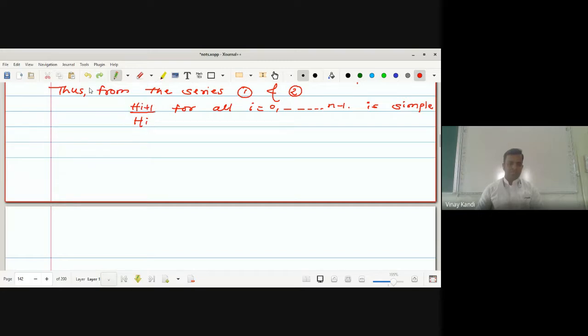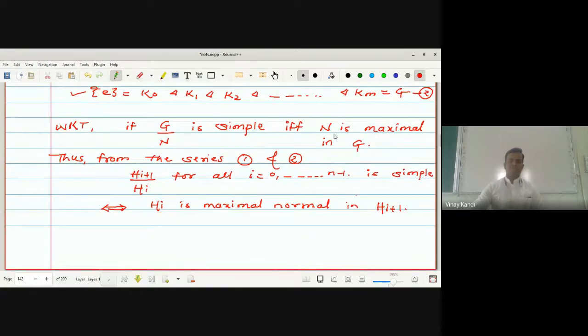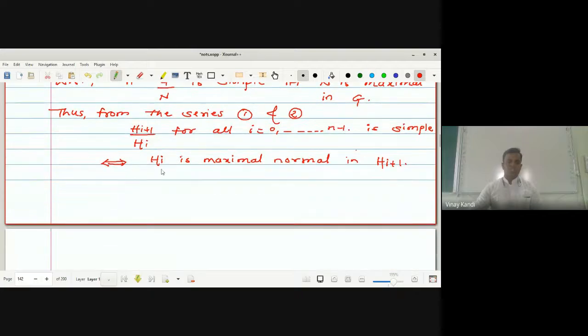So this implies that Hi is not only normal, it is maximal normal in Hi plus 1, by the definition of composition series, or by this theorem: G by N is simple if and only if N is maximal normal in G. So here Hi is maximal normal in Hi plus 1.